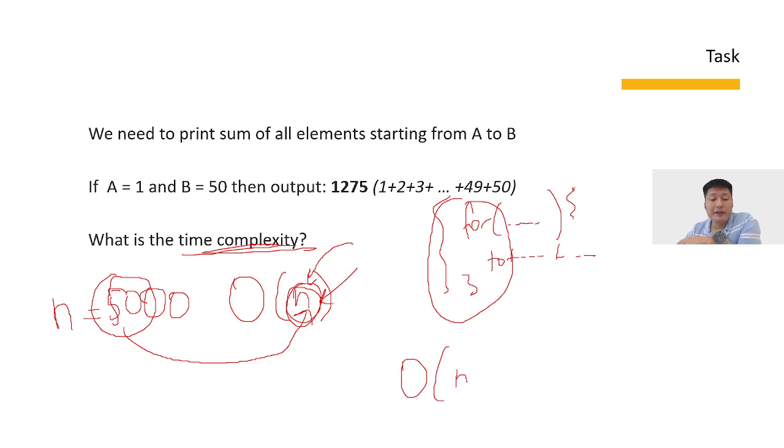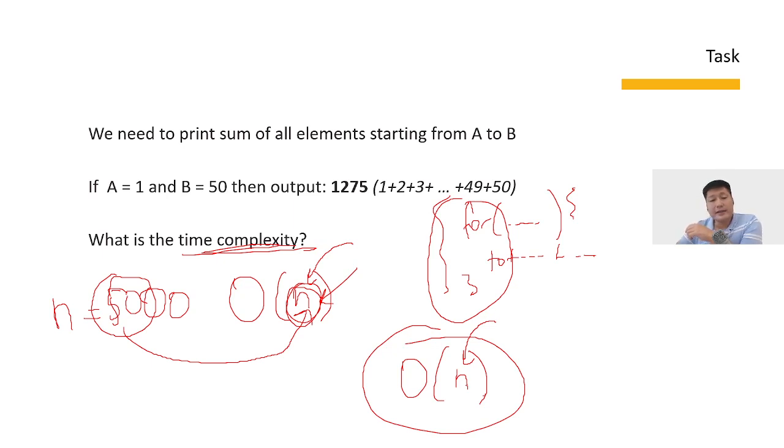By writing like this, we're saying however many elements we have, that many operations this algorithm will perform. If you have 1,000 elements, then 1,000 operations. 10,000 elements, 10,000 operations. So this is the answer, how we write it.